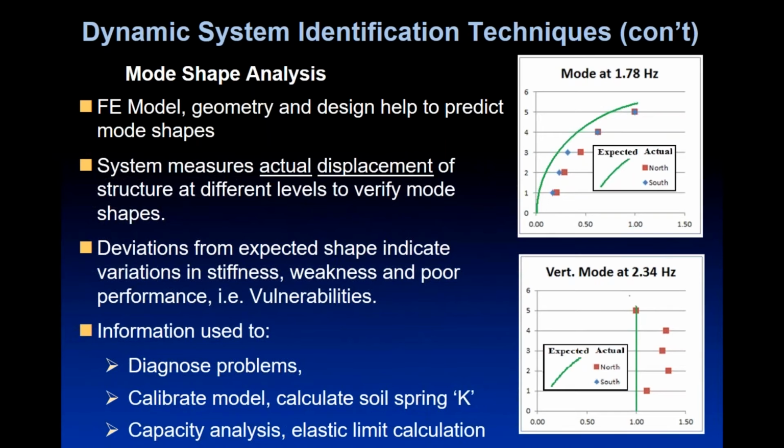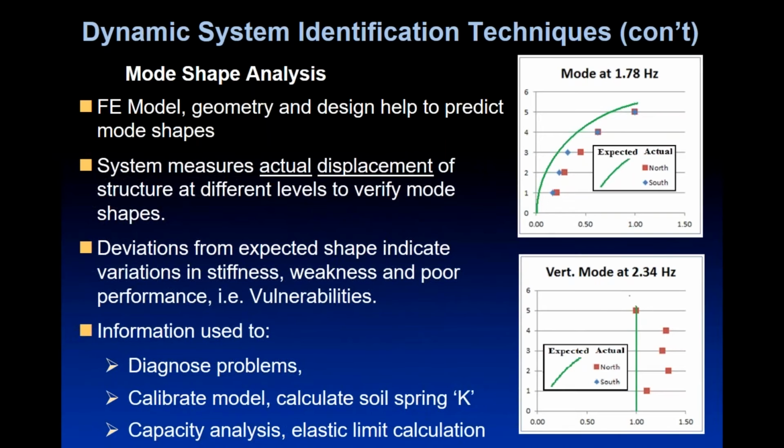But look at what's happening in the vertical mode of vibration at 2.34 hertz. If we've got a structure which is on a soil and it is effectively moving up and down and forming a complete system with a mass spring coefficient to it, then we've got the spring constant of the soil. But the building itself ought to be going up and down monolithically.